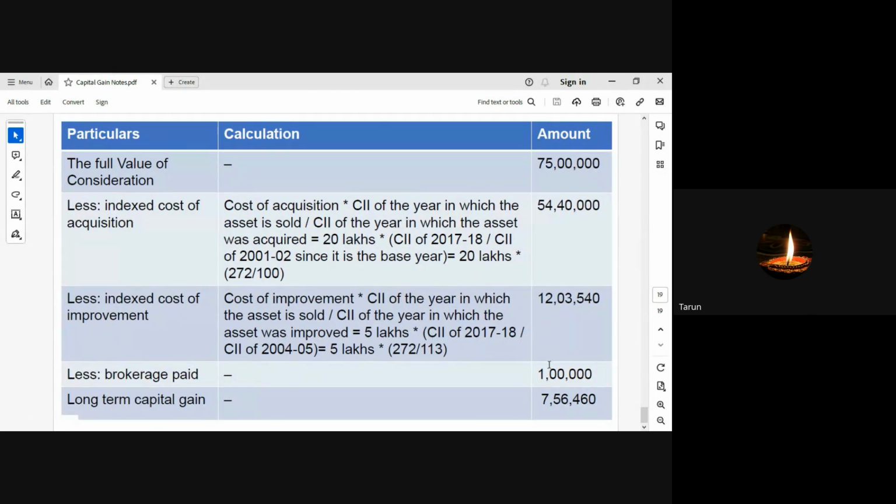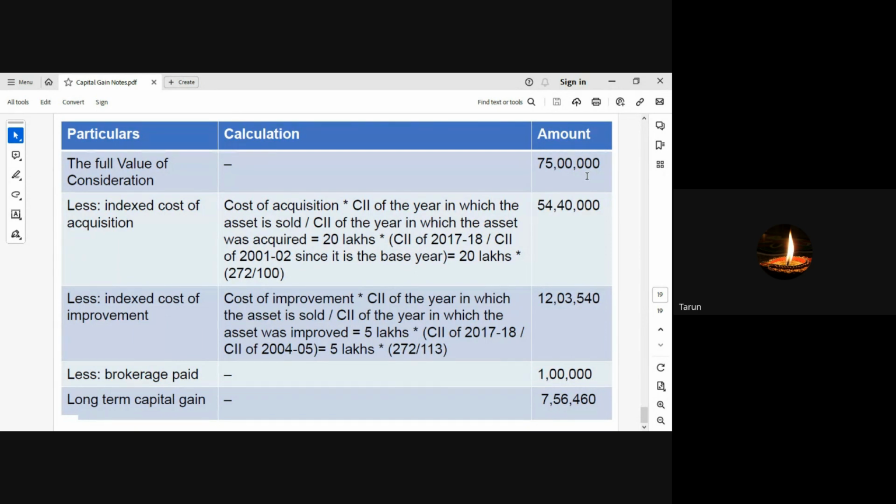Once you deduct all these three values from the full value of consideration, you will get the long-term capital gain, that is 7,056,460 rupees.